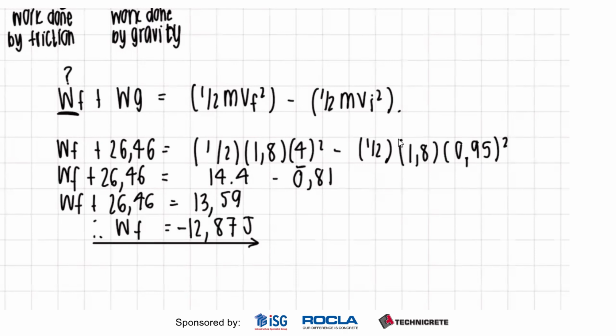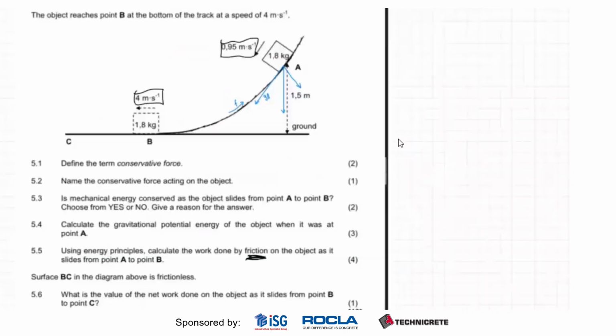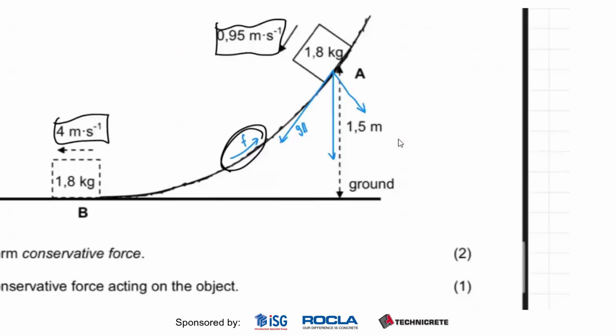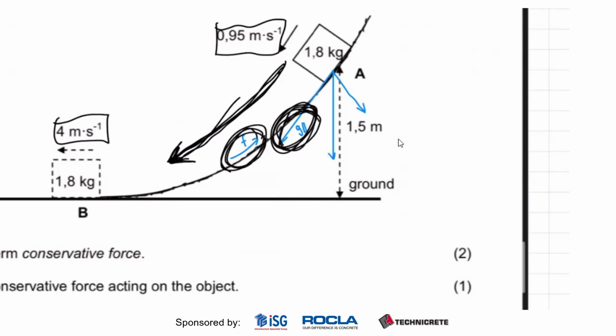The friction is acting up the slope and gravity is acting down the slope, and everything is moving down the slope. So the work done by friction is negative.